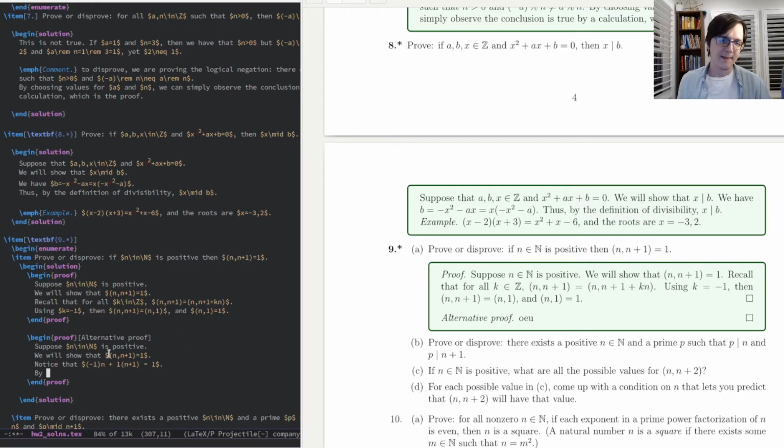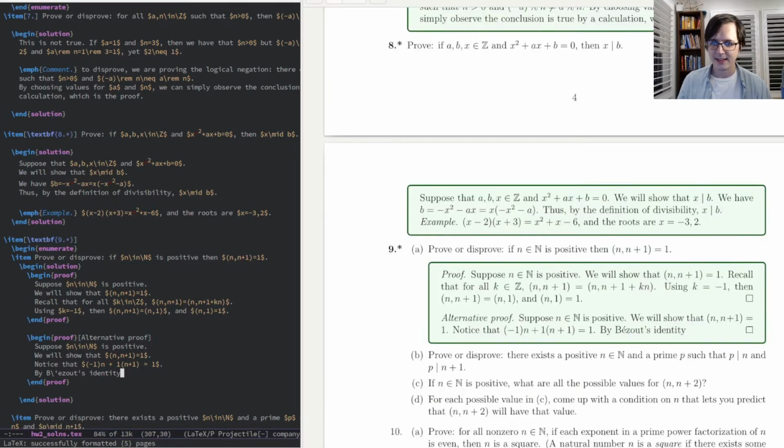Let's see, did I get the accent right for Bézout? Yeah, okay, that's the LaTeX way to add an accent to the next letter. Wait, what's the name of this result? So it is Bézout's identity, but all we really have is that the GCD divides 1.